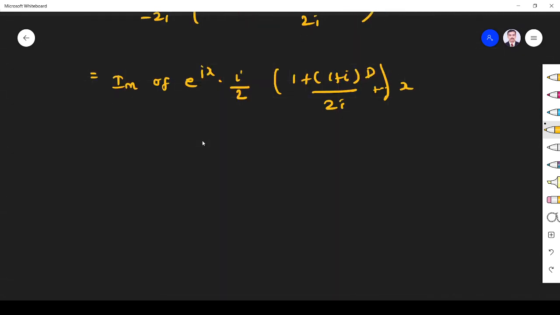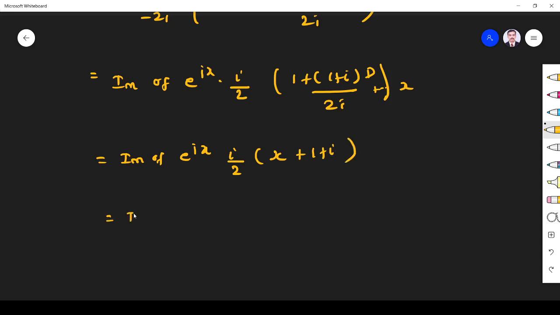So what do you do? Imaginary part of e power ix, i by 2, this is 1 into x. Differentiation of x is 1, so 1 plus i. So if you do that, you get it like this. Then hereafter it is only simple simplification.